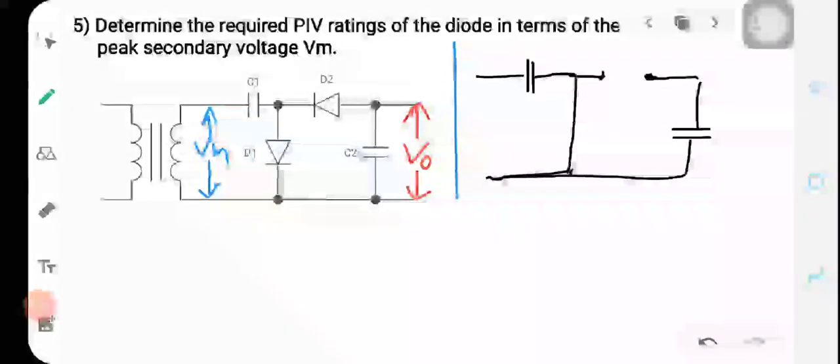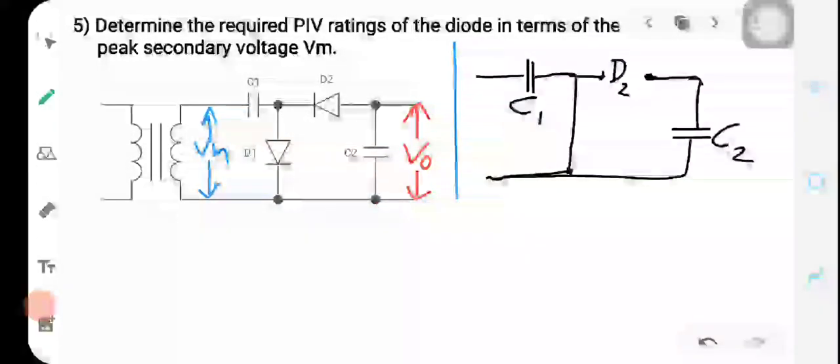Here is D2, here it is C1, Vm is the voltage. Then during the positive half cycle, this also is charged to Vm with a positive here and negative here.